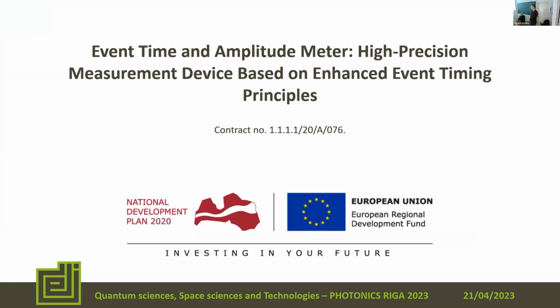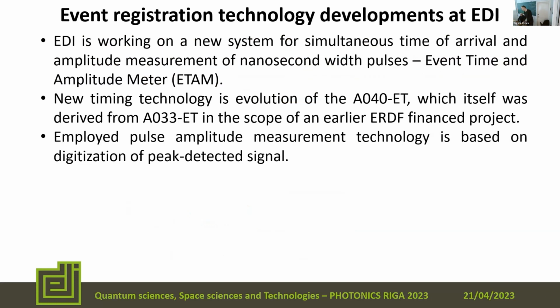And I will be telling you about one of the devices that we are currently developing, which is meant for high precision measurement of event time and amplitude. Our institute has been working on timers for detecting events for a long time now, and currently we are working on a new device called the event time and amplitude meter.